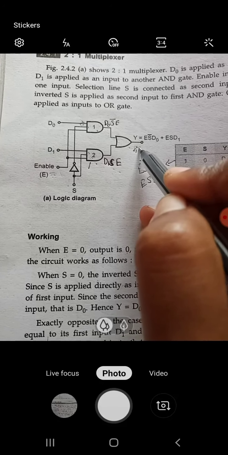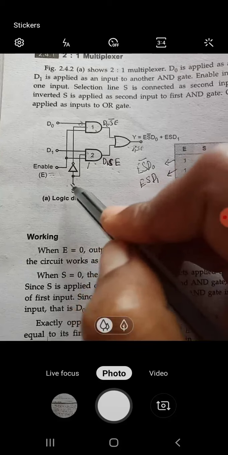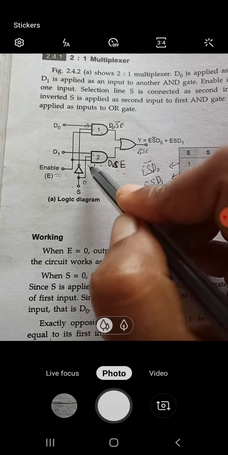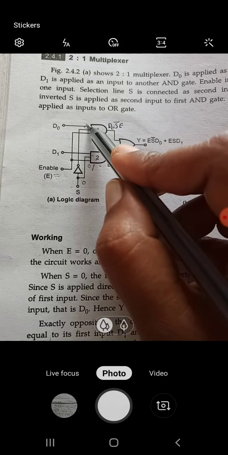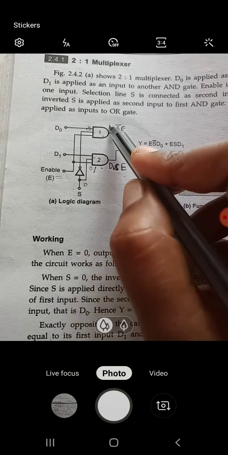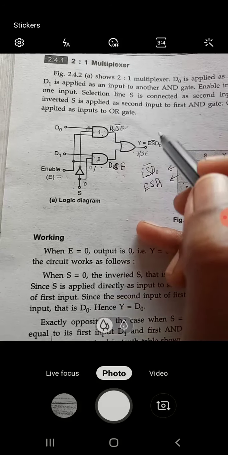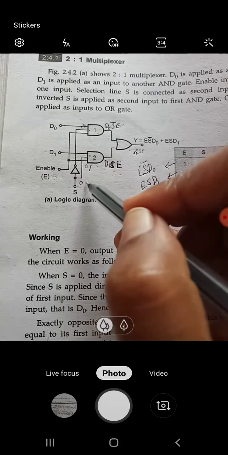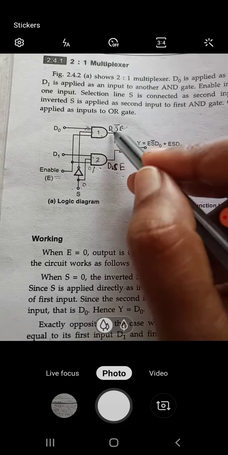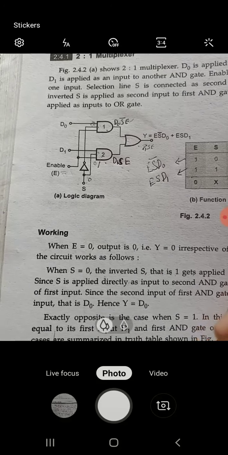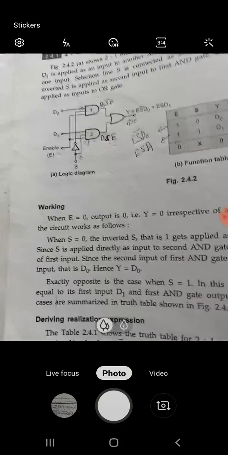D1 S into E. Similarly, if you apply 0 here, you have a 0 here, whereas to this input you have a 1 now. Since this is 1 over here, this is the output available. By making S either 0 or 1, you can switch to any of the inputs available. So this is the work of a multiplexer.